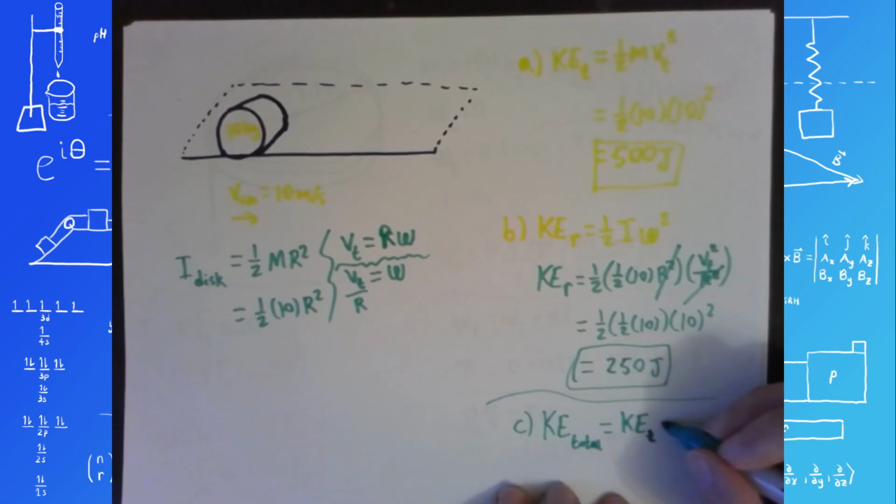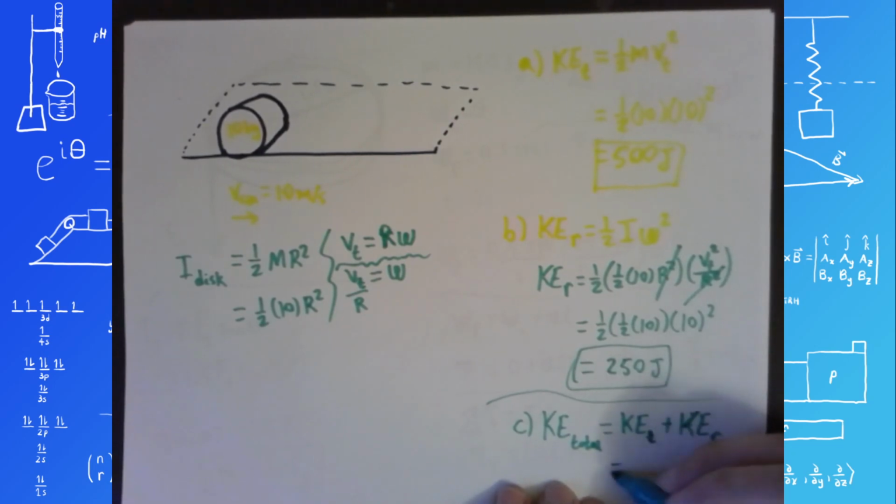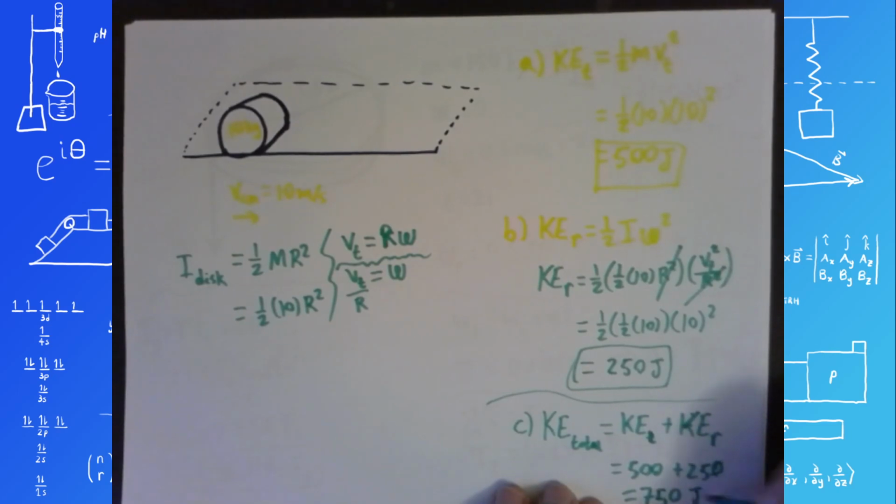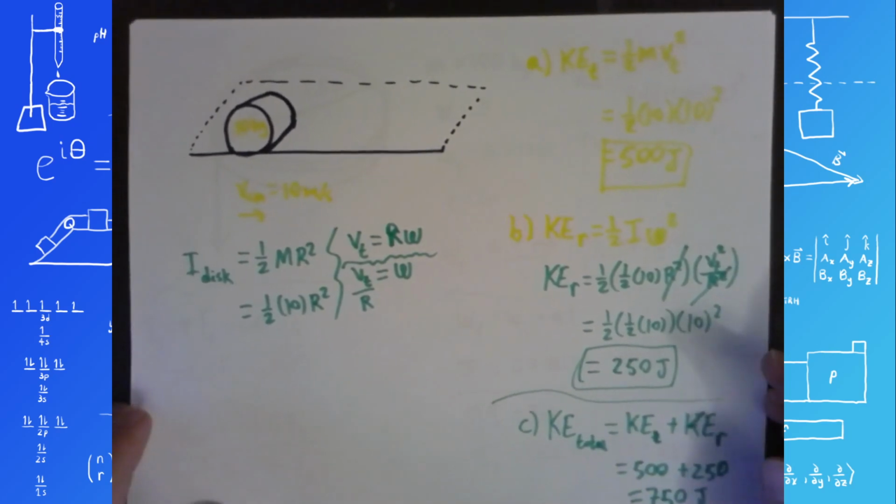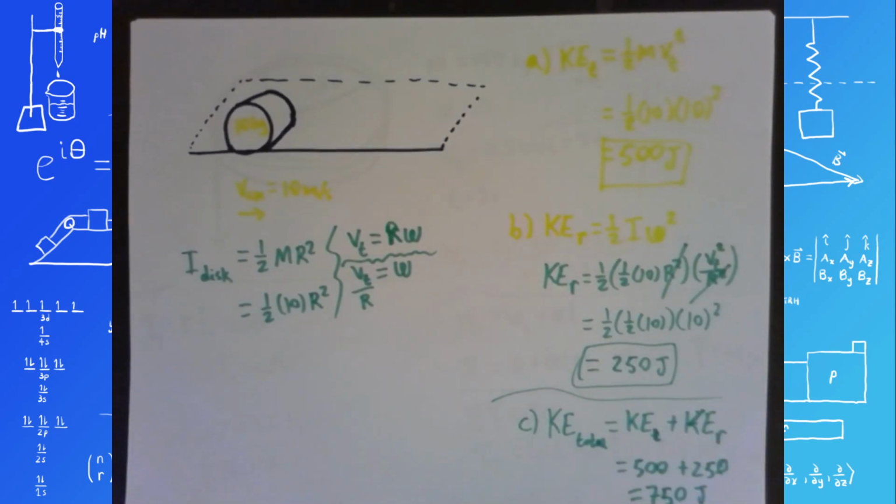I imagine most of you don't need me to tell you this, but just for the sake of completion, 500 plus 250 gives us a total of 750 joules of energy. All right, there we go.